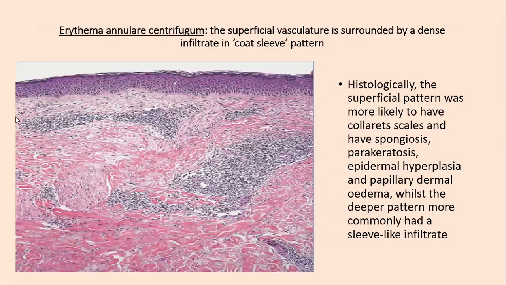This is a typical appearance of all the annular erythemas. The prototype is erythema annulare centrifugum. And you can see the coat-sleeve pattern of lymphocytic infiltrate surrounding the blood vessel, and papillary dermal edema. The superficial type of erythema annulare will be associated with parakeratosis, but the deep type will not be associated with parakeratosis.